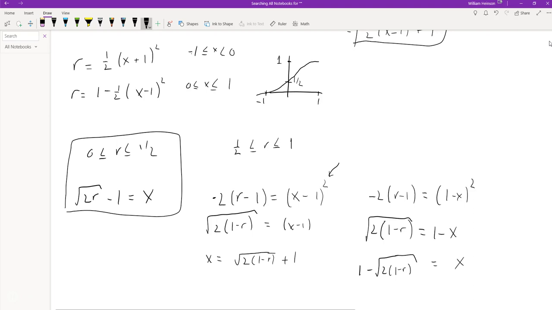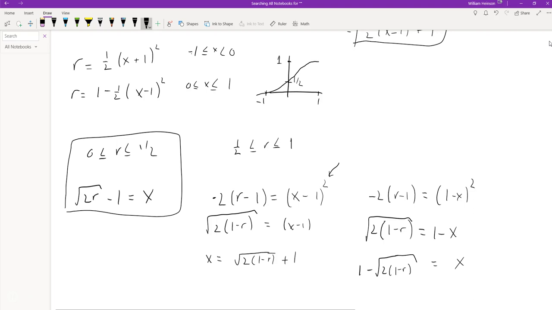Okay. So let's check this. This is an equivalent solution to this because all I did is multiply by minus 1 squared in here, right? Minus 1 squared is 1, so I multiply by 1 because it's squared. So I'm just taking the other solution. Let's see if that works. I put r at a half. So a half, 1 minus a half is a half, times 2 is 1, square root of 1 is 1, 1 minus 1 is 0. So we should have 0 here, good.